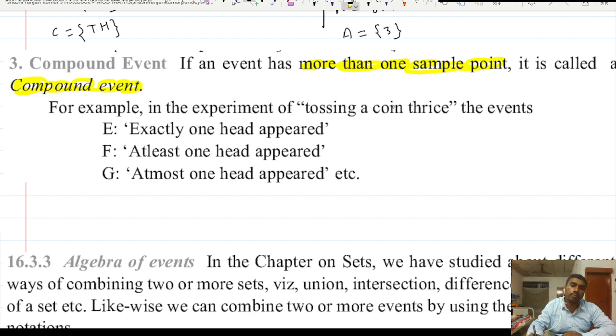Let's take one example. Whenever we are tossing three coins, let us first write the sample space.